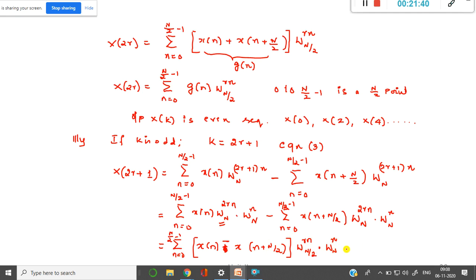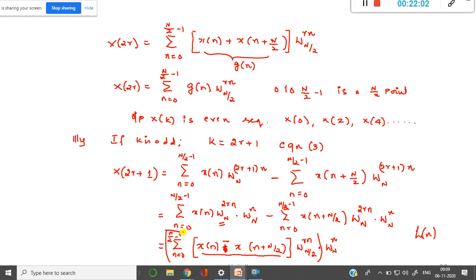Am I right? Now moving further, I represent this x of n minus x of n plus N/2 by another variable called h of n.